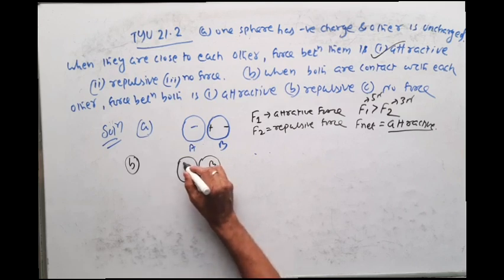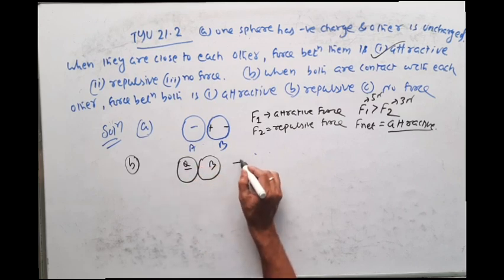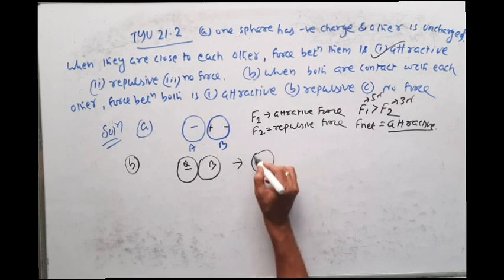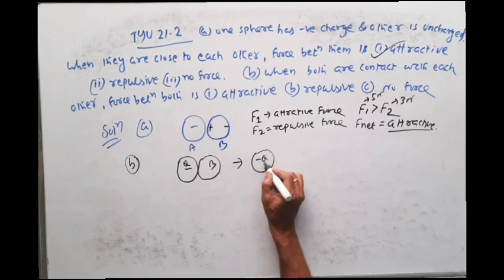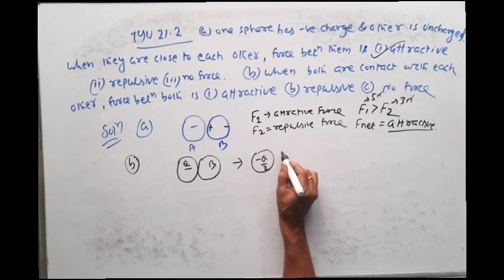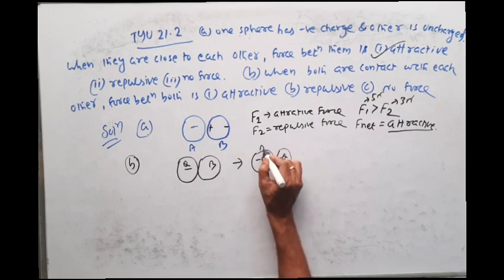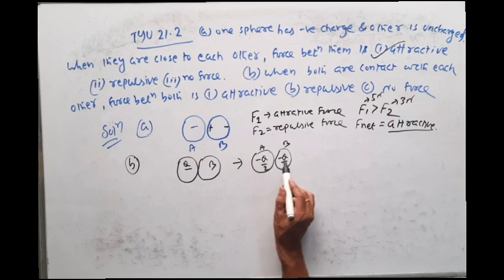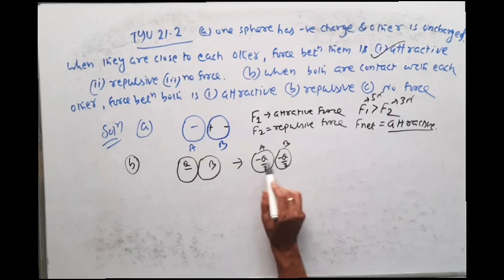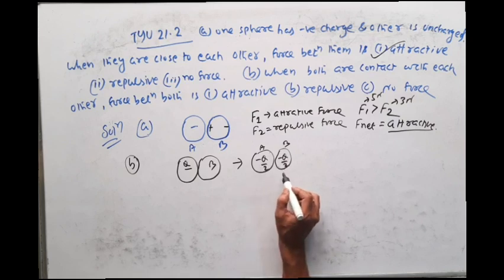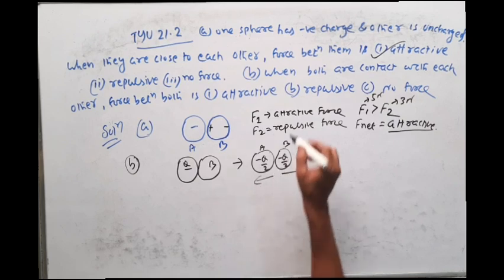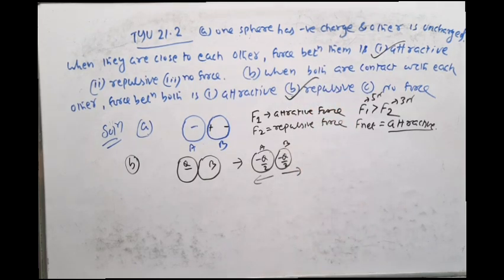Let us say total charge was minus q. After they are made contact, the charge will be minus q by 2 for A, and minus q by 2 for B. So this is negative, this is negative. So what will be the force between them? Since they are negative, negative, similar charge, they will repel. So A will repel B, B will repel A. So the force is repulsive.